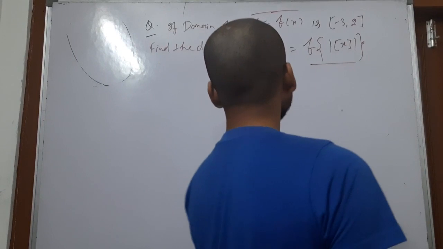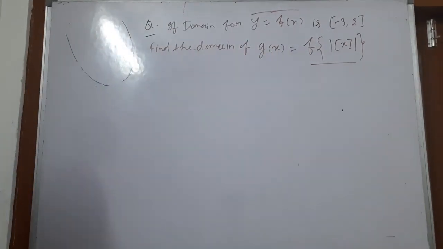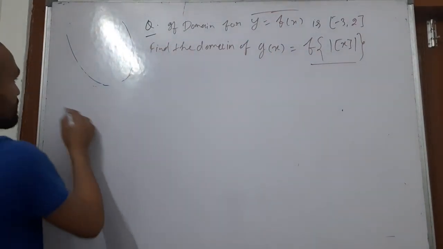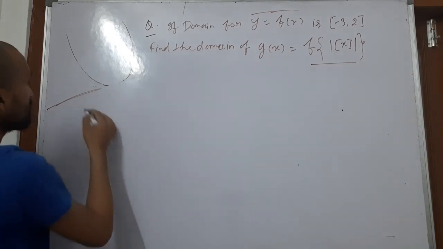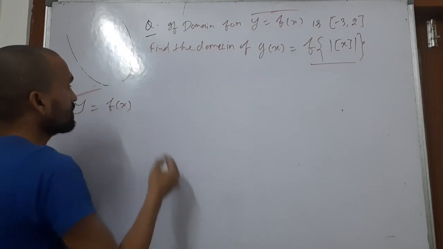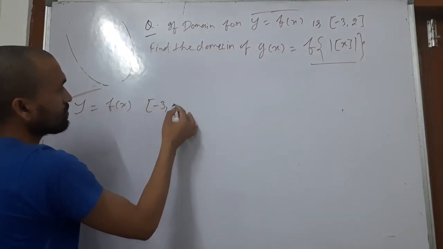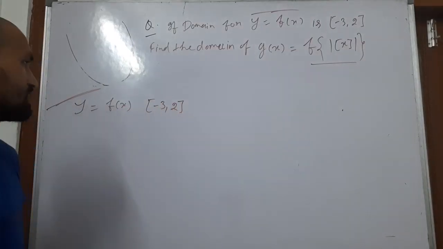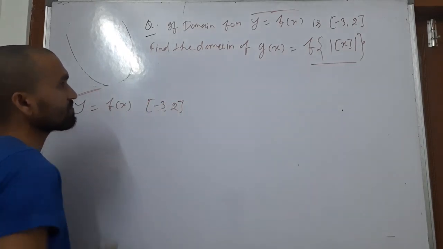Okay, so let us start with our given condition that y equal to f(x) has domain minus 3 to 2, closed interval.